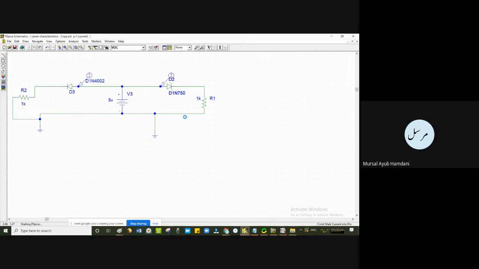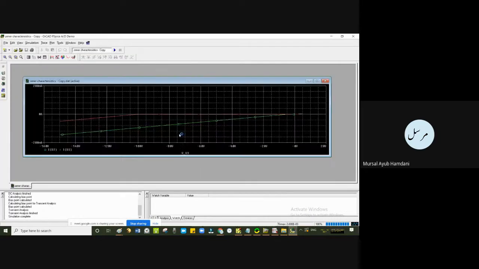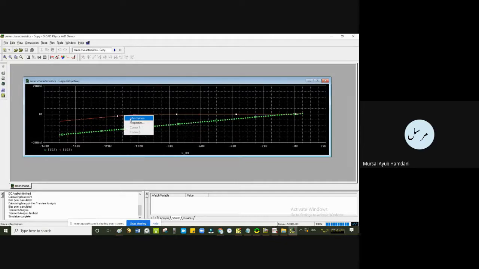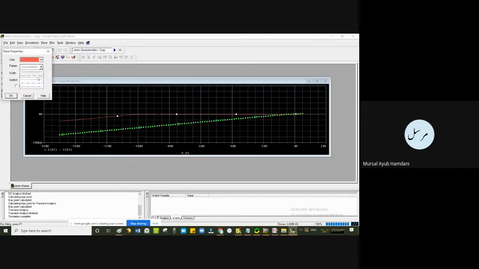And simulate. Yeah, now here. Properties, make it dark, make it like this.